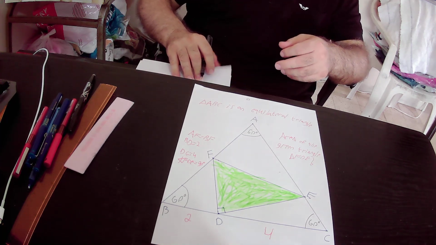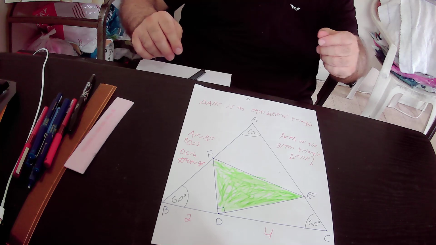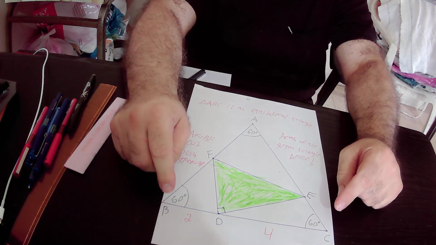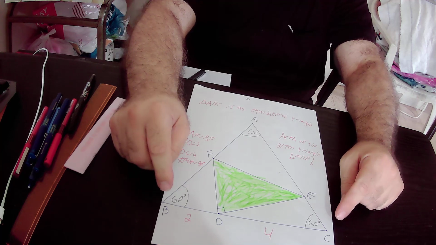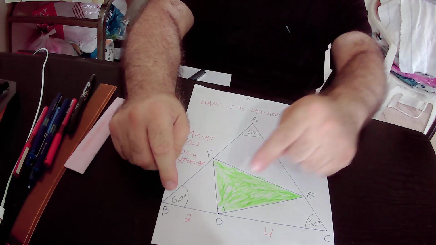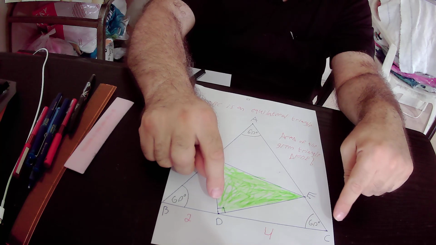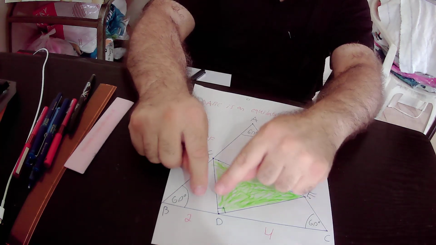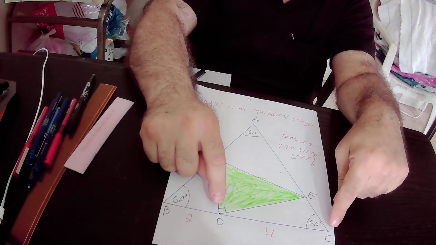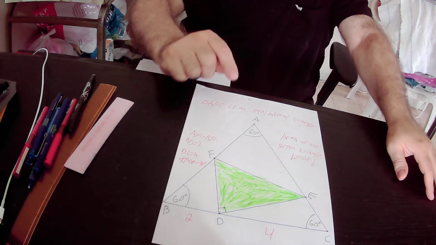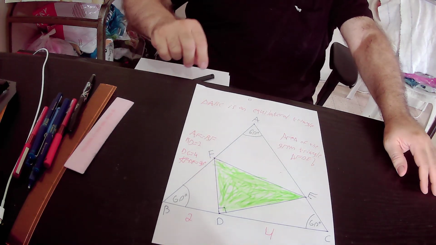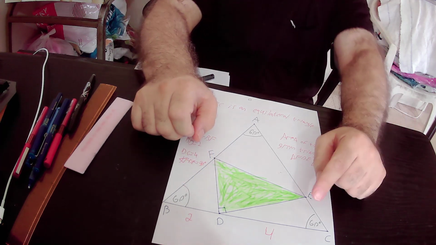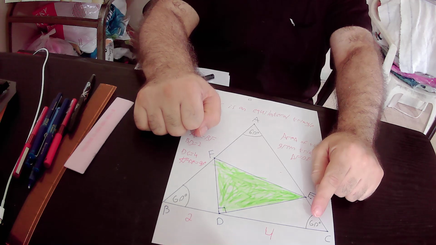But what is the size of side BC of the equilateral triangle ABC? BC equals BD plus DC. Again, BC equals BD plus DC. But BD equals 2 units and DC equals 4 units.